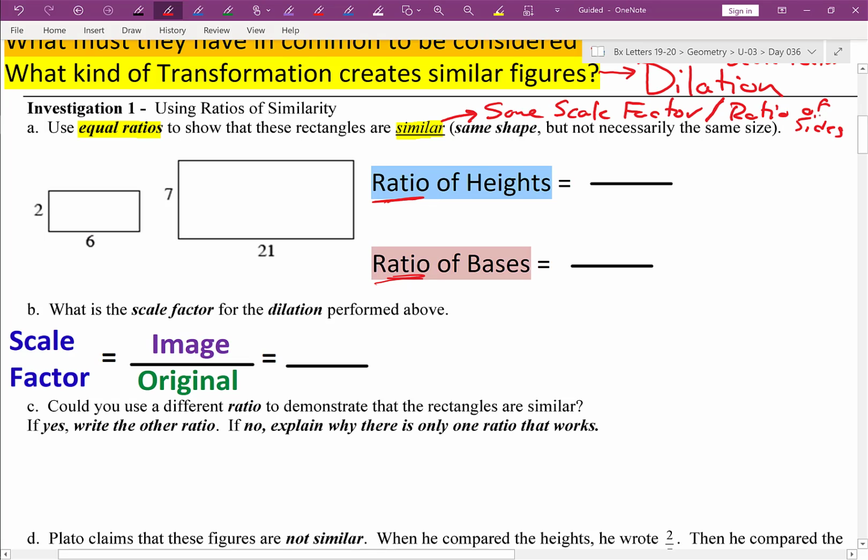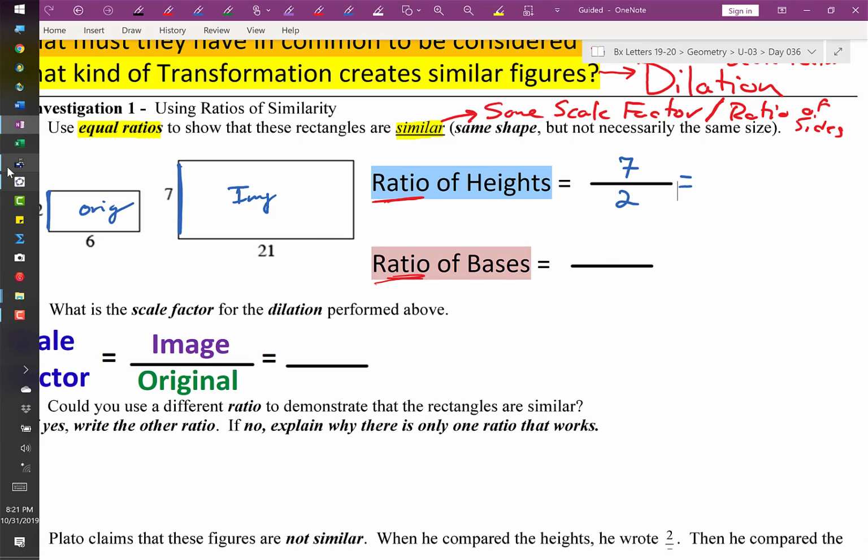Okay, so if I take my heights, which I'm going to color code as blue, this height is 2, and the corresponding height is 7. I'm going to do the image over the original. I'll call this the image and this the original. I'm going to do 7 over 2, and I'm going to see that has a value.